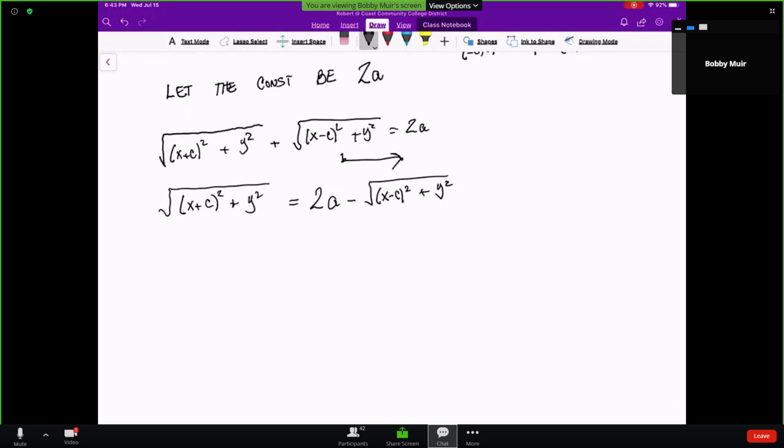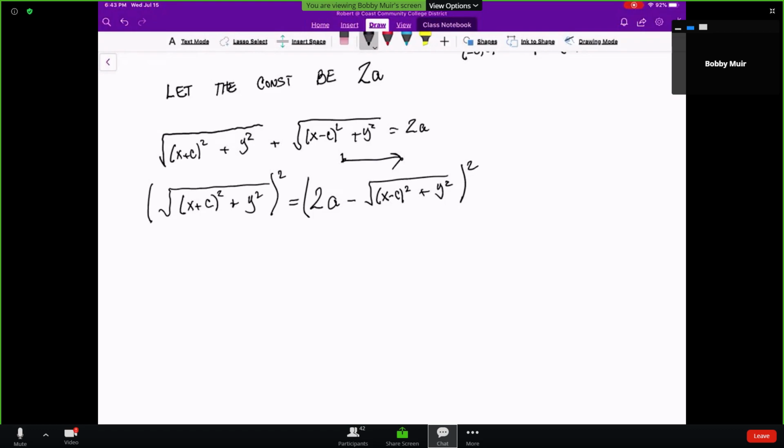Okay, this one's going to be more complicated because we're going to have a radical, but the strategy with radical equations, folks, is you isolate one of the radicals and then square both sides.